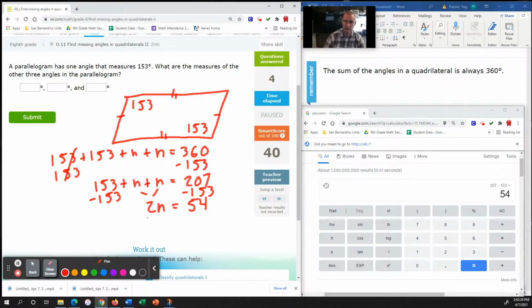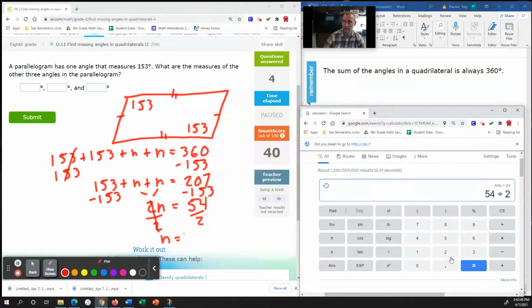All right. So now our last step is to get n by itself. So we're going to divide 2 and divide 2. 2 divided 2 cancels out. 2n equals 54 divide 2. Seems like a little bit higher than 25. I'm thinking like 27. So here we go. 54 divide 2 is 27.